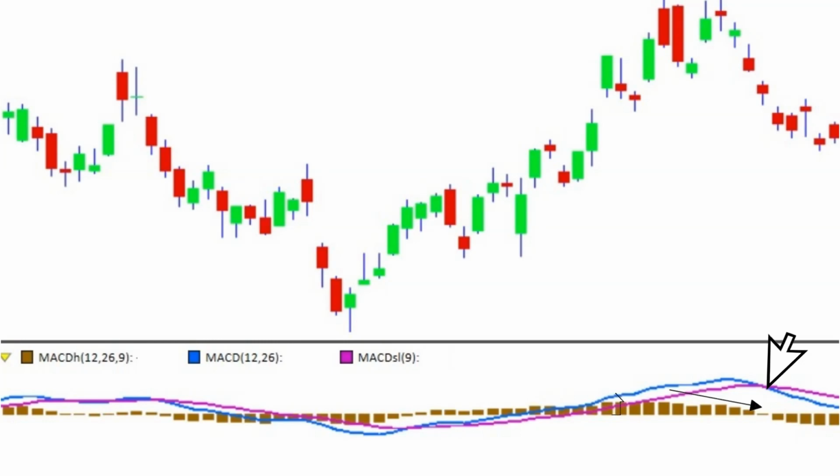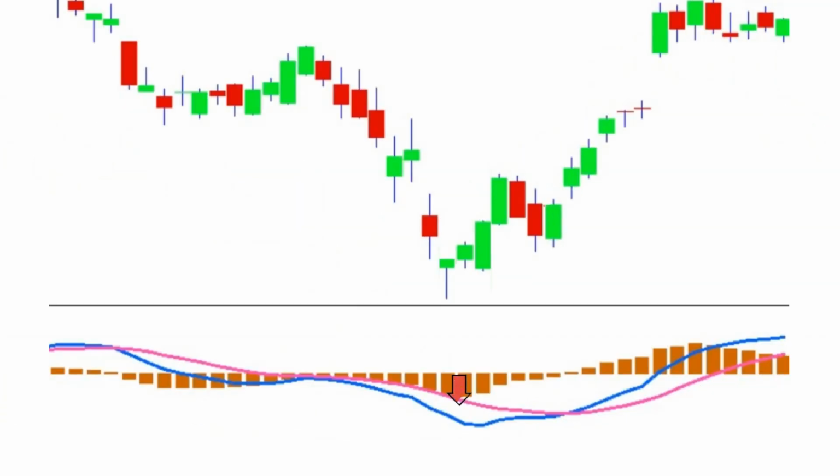If the histogram has been rising and then starts to fall, it might signal a negative crossover could be happening soon. If the histogram has been falling and then starts to rise, it might signal a positive crossover could be coming soon. The histogram is an important indicator and can give you an early sign of the market direction changing, so you can either enter or exit the market on time.